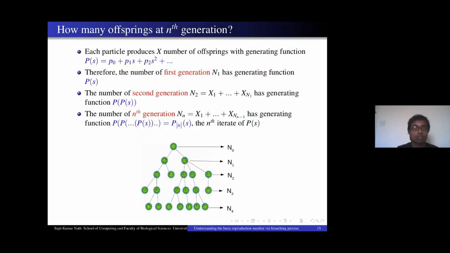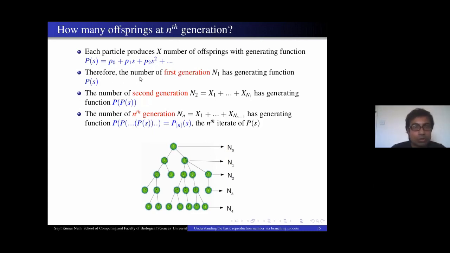Okay, now let me answer the question: how many offsprings will there be at the nth generation? Each particle produces X offsprings, where X is a random number which has the generating function P(s), p0 plus p1 s plus p2 s square, and so on. So each term has the generating function P(s).